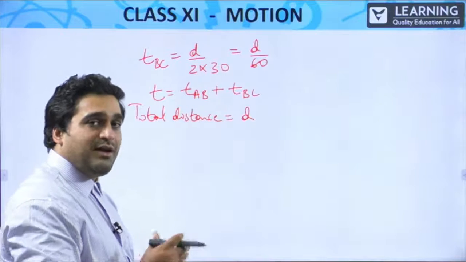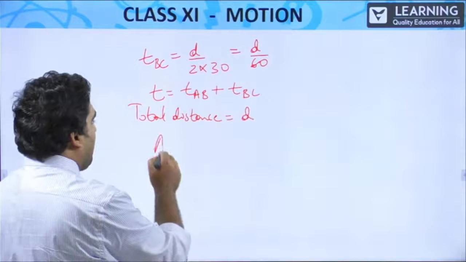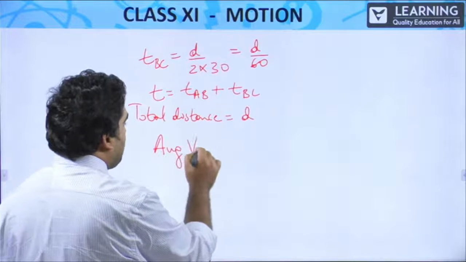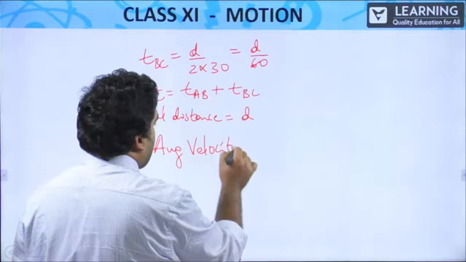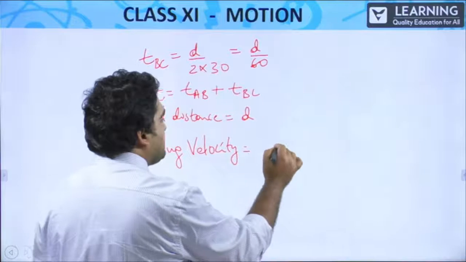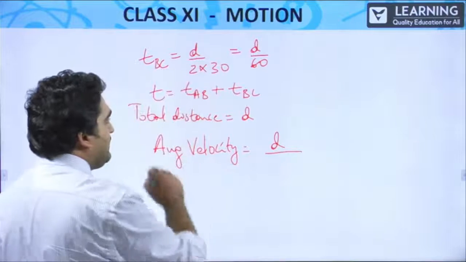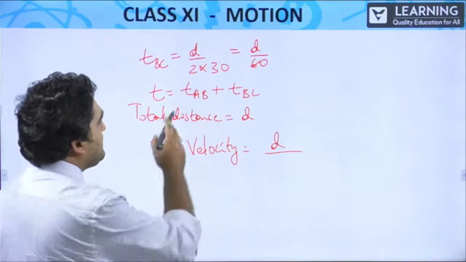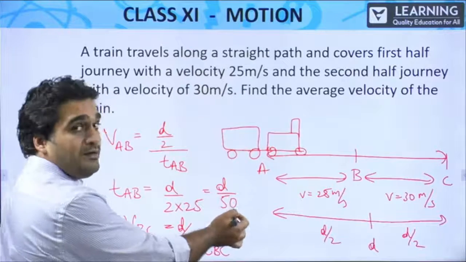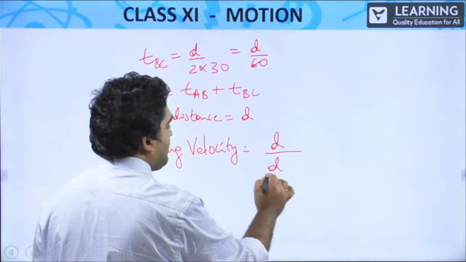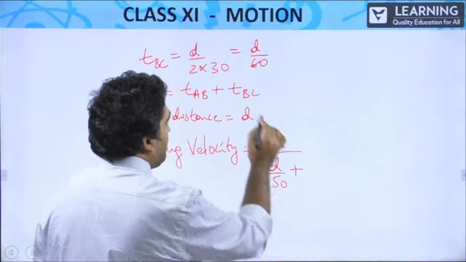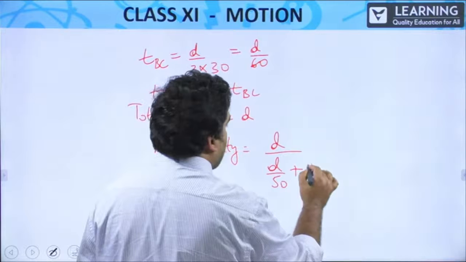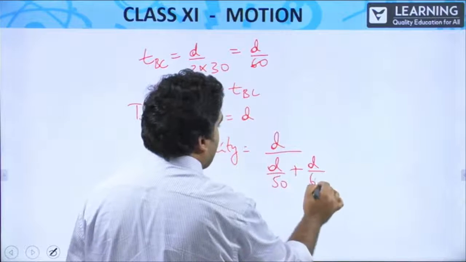Total distance by total time. Average velocity equals total distance D by total time TAB plus TBC. What's TAB? D by 50. Plus what is TBC? D by 60.